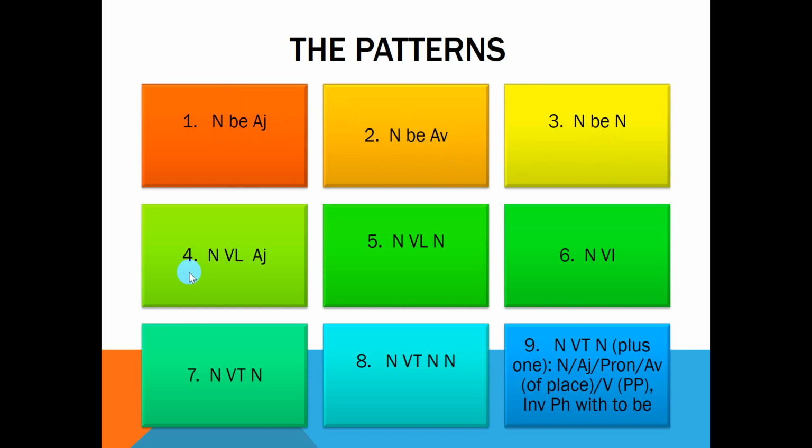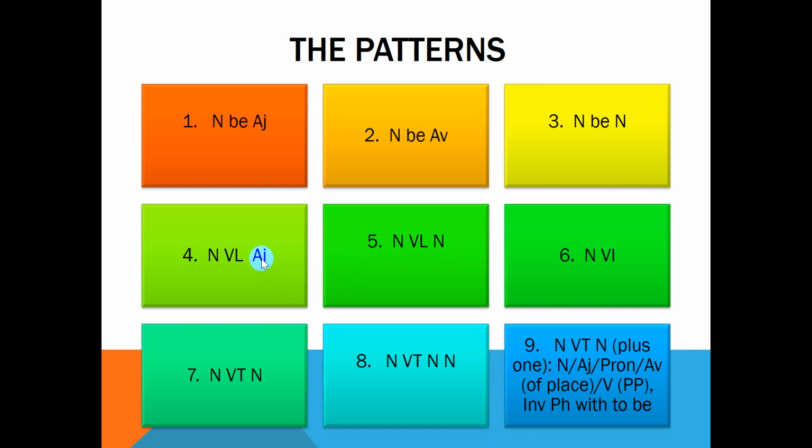Now pattern 4 consists of noun, which can be a noun phrase, then a linking verb and an adjective or adjective phrase. Pattern 5 still uses a linking verb, but the pattern is noun, linking verb, noun.